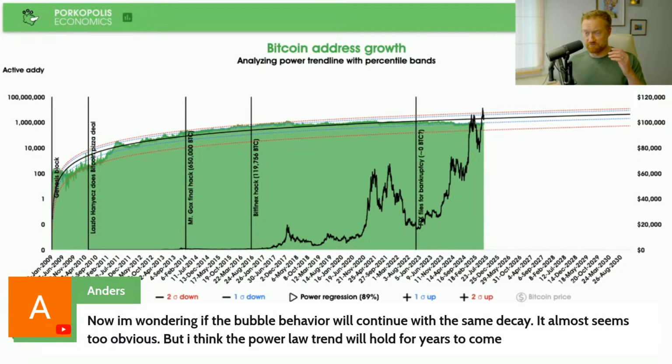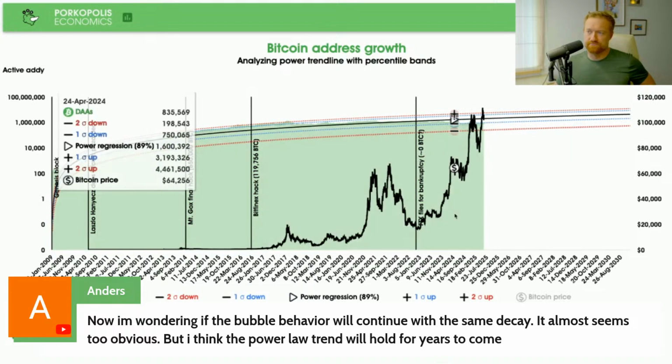Whether it's just a straight up quantile regression or exponential decay, it does seem that the bubbles are obviously falling in amplitude.